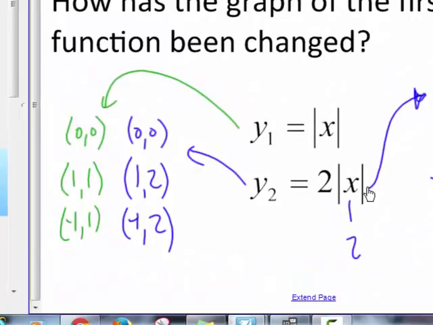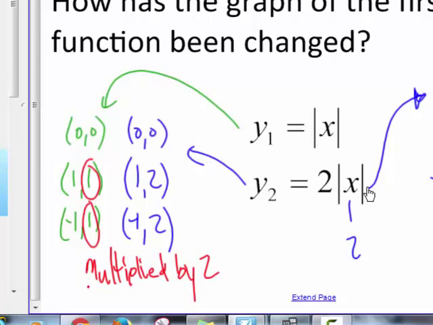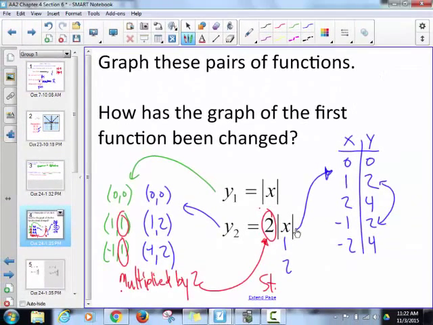So if we notice, our y's basically got multiplied by 2. And if we take a look here, where does that come from? Right there. Or we could really say they stretched. Another way we could word this is they stretched by a scale of 2.